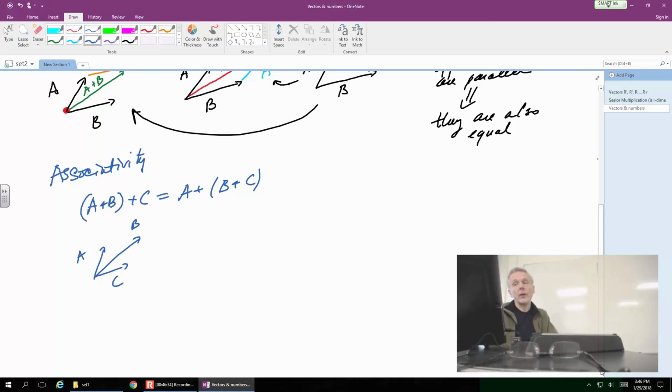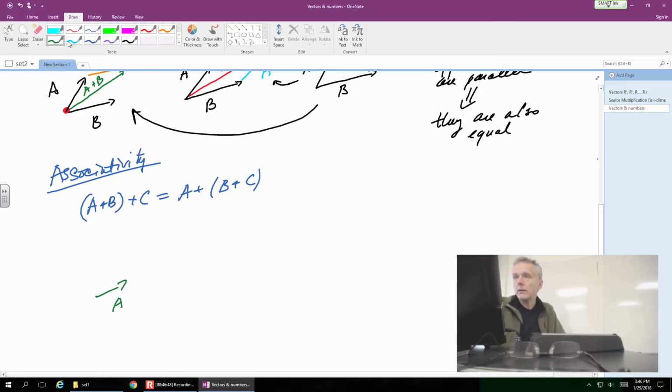We know it's true for numbers, and now we check it for vectors. Let me start over. A, B, C.